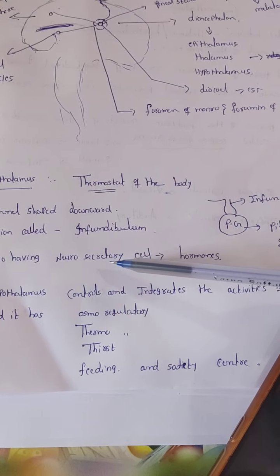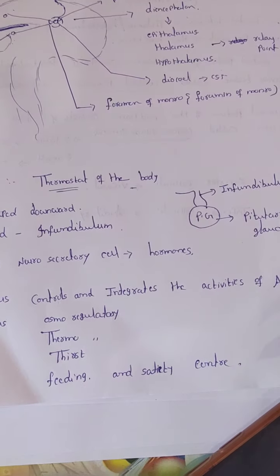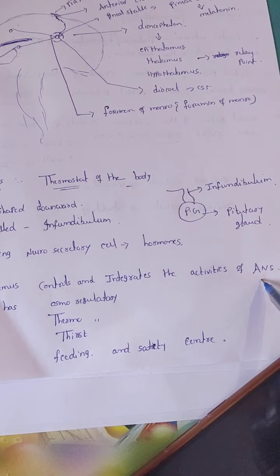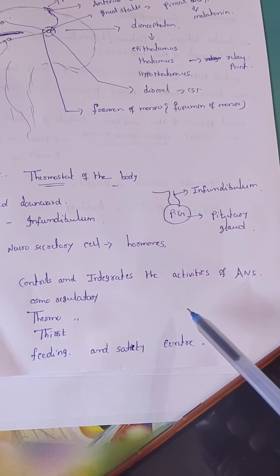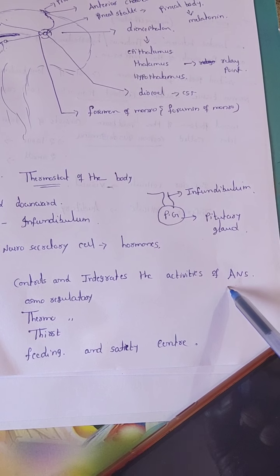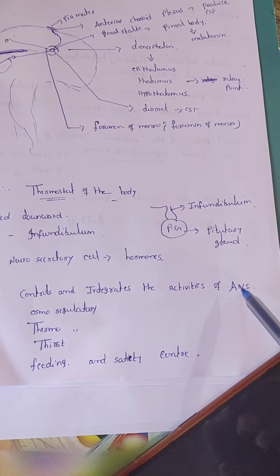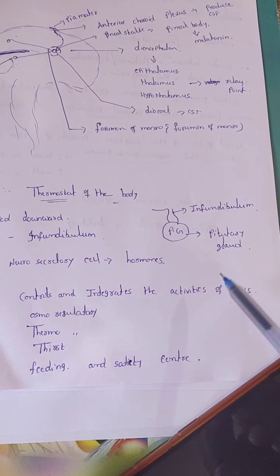The hypothalamus also controls and integrates the activity of the autonomic nervous system, which is classified into two parts: sympathetic and parasympathetic.